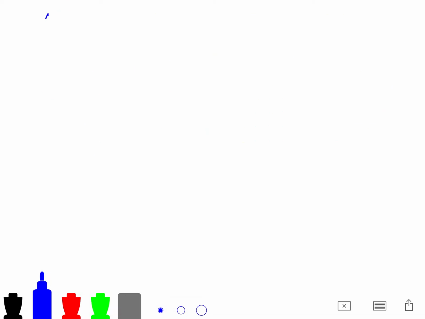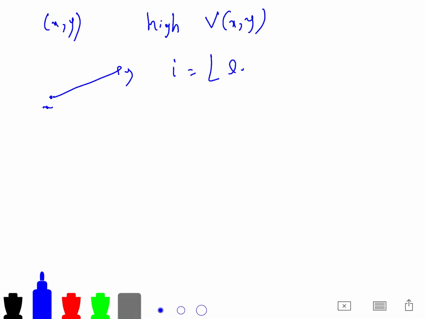So a pair x and y with very high v of x and y, the nodes x and y will be embedded according to the partitioning for distance scale I, which is log of d of x and y, that corresponds to d of x and y.